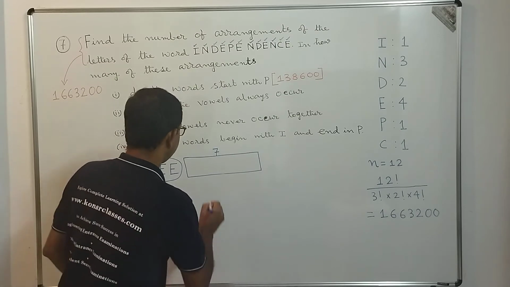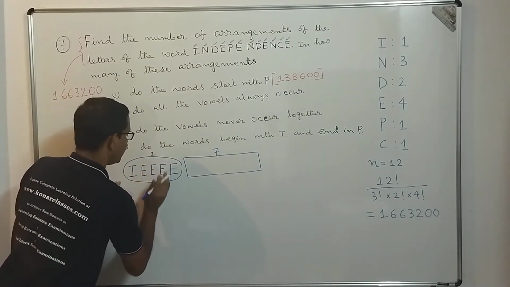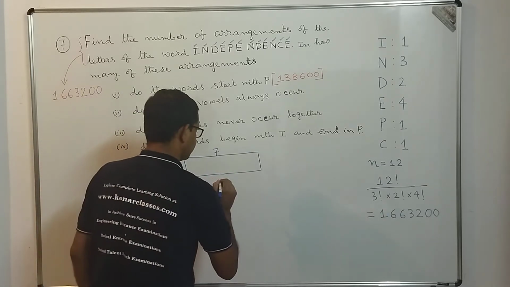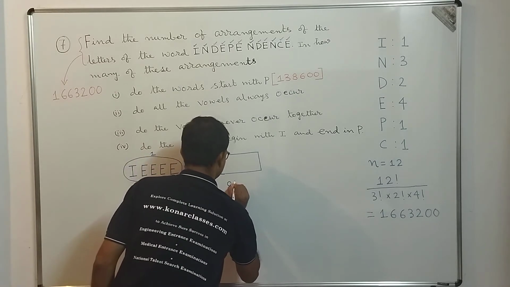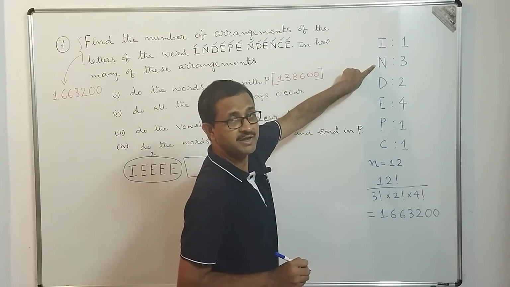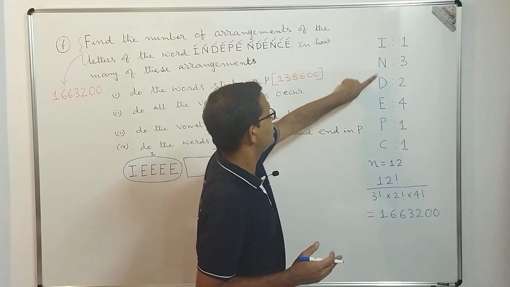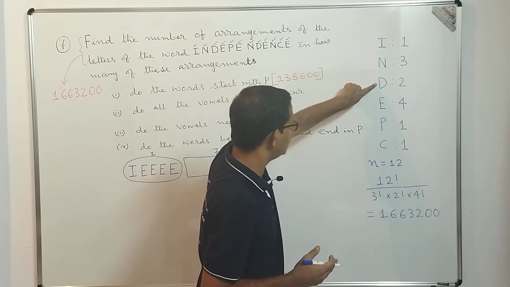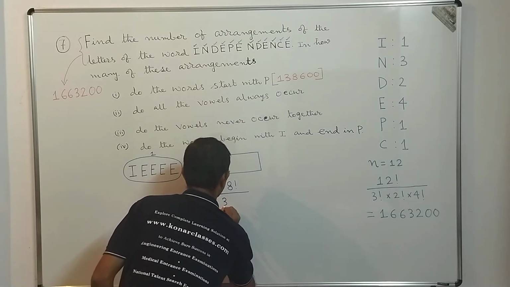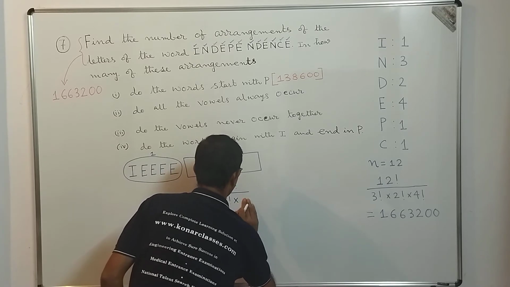So this is one object and this is another. There are 7 objects plus the vowel block, so in total 8 objects. Out of these 8 objects, there are 3 objects of one kind, N, and 2 objects of another kind, D. So what is the total number of arrangements? Factorial 8 divided by factorial 3 into factorial 2, correct?